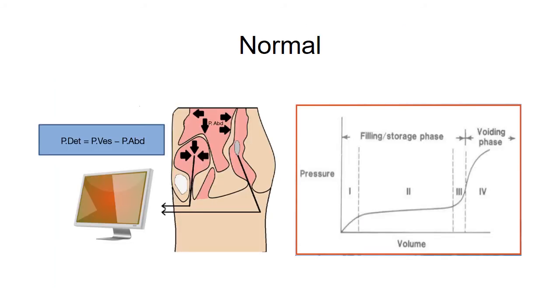Three measurements are important in urodynamics: detrusor pressure, vesical pressure, and abdominal pressure. Abdominal pressure can be assessed by inserting a rectal catheter, and vesical pressure can be measured using a catheter introduced into the bladder. And detrusor pressure is obtained by subtracting abdominal pressure from vesical pressure.